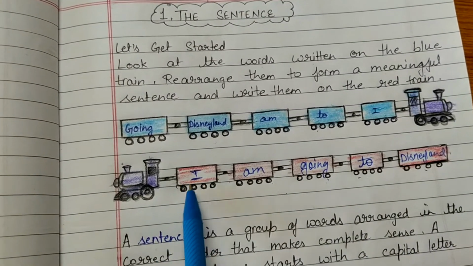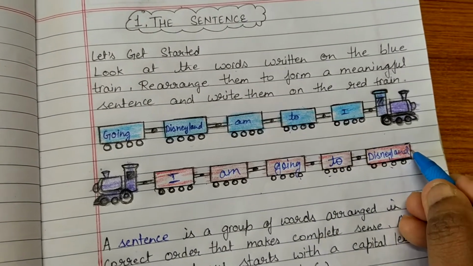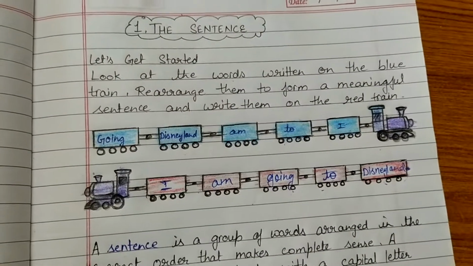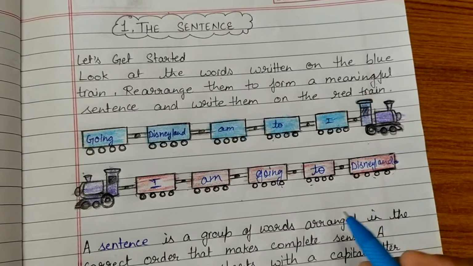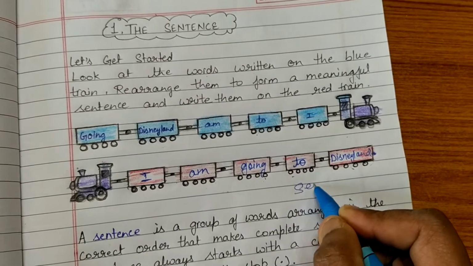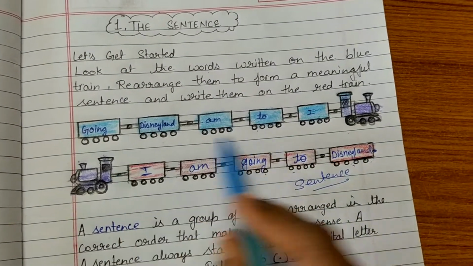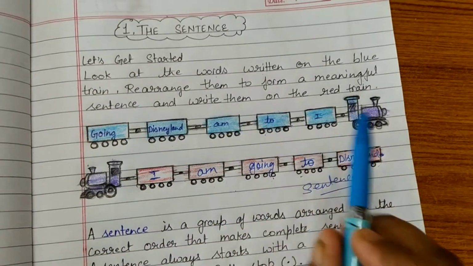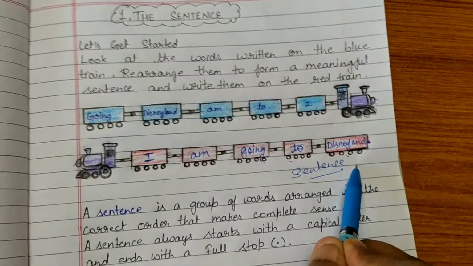So, see the sentence. I am going to Disneyland. And at the end, a full stop. Is it making sense? Yes, it is making sense. So that's why we can call it a sentence. Blue train is not making a sentence, but red train is making a sentence.